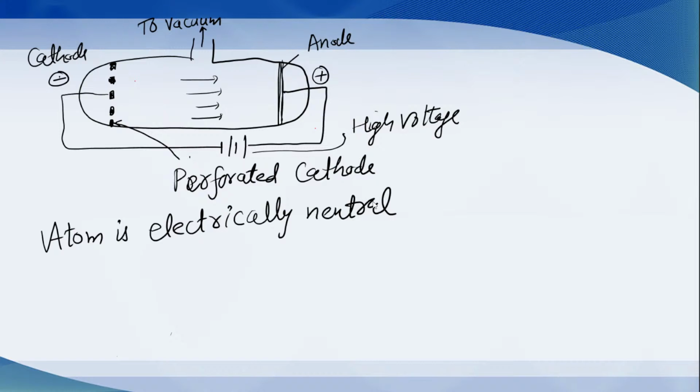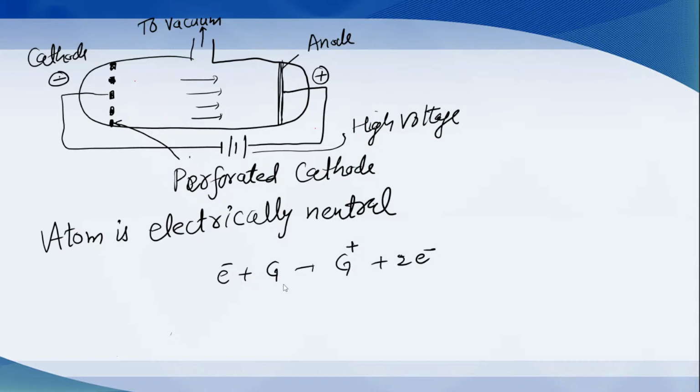So emission of negatively charged electrons from the atoms of the gases in the discharge tube suggests that if some electrons are emitted by the ionization of the gas, obviously some positively charged particles must also be present in them.